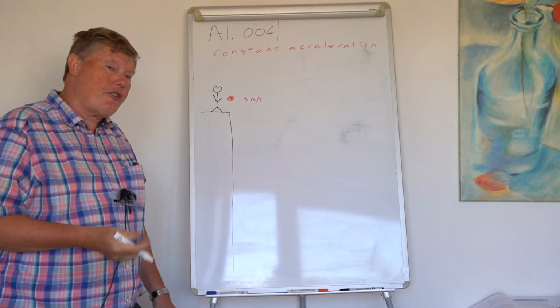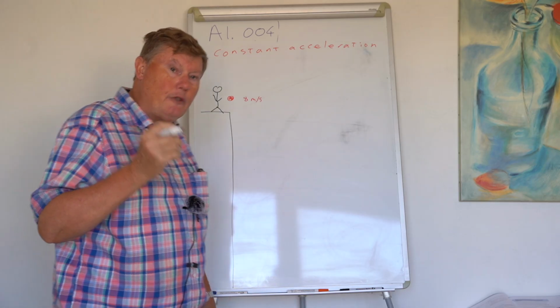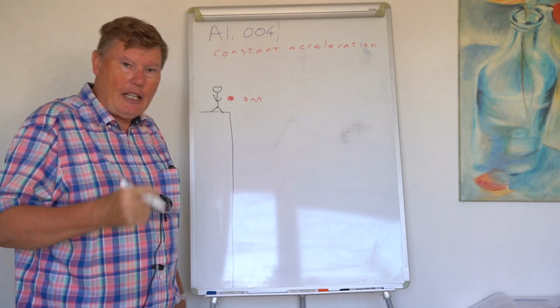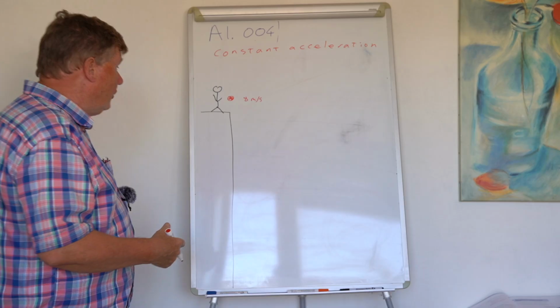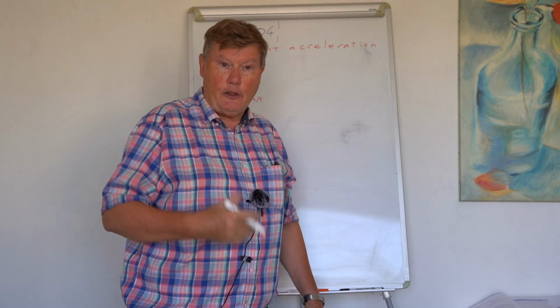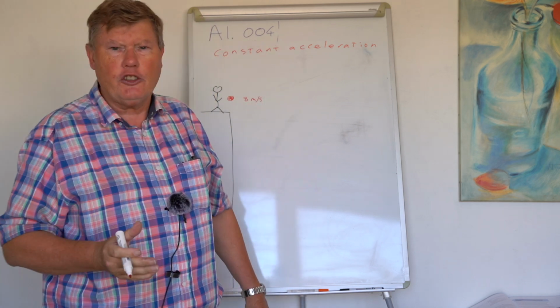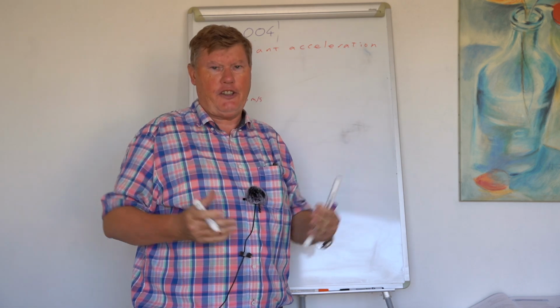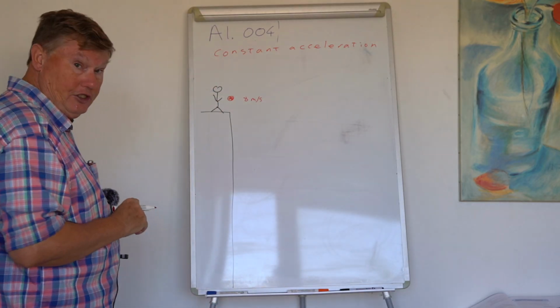A thing that is thrown in the air in physics land only has one force acting on it, and that force is its weight pulling it back down. And because we are close to the surface of the Earth, we assume that the force acting, the weight of the object, does not change during its throw up into the air and back down again, which is a good assumption to make.